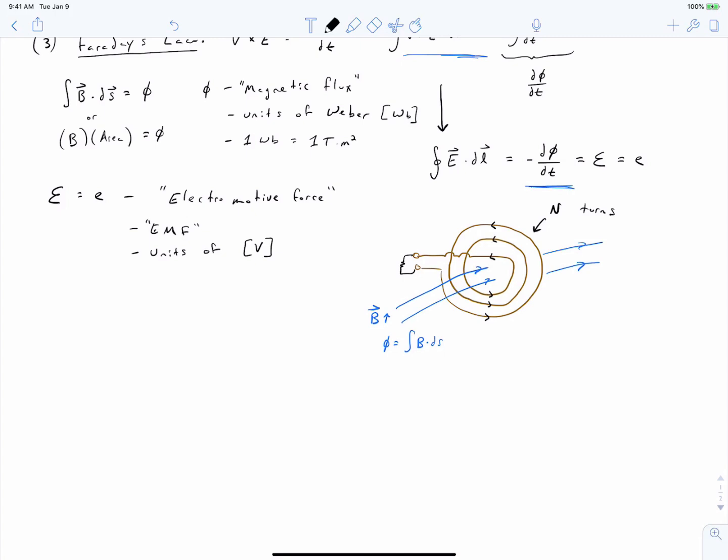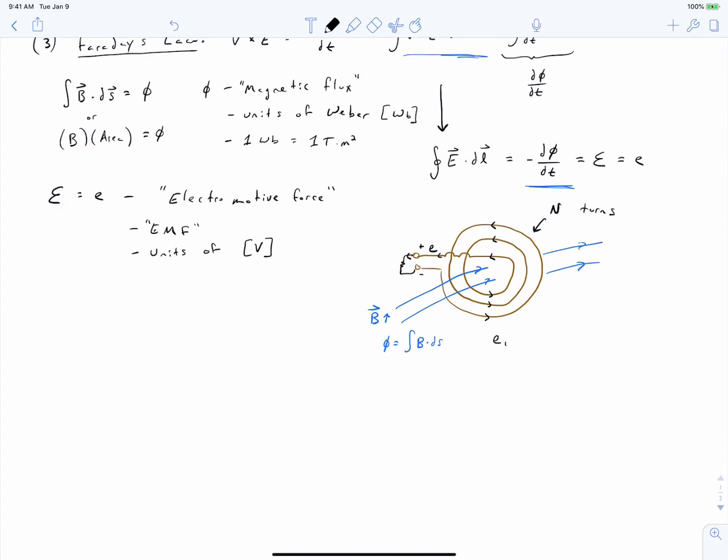In order to make this happen, we're going to require a voltage to appear across the terminals of this coil of value E. If we have a positive voltage on the top terminal and negative voltage on the bottom terminal, this will cause a current to flow out of this terminal into the resistor and take the path that I've indicated with the arrows.